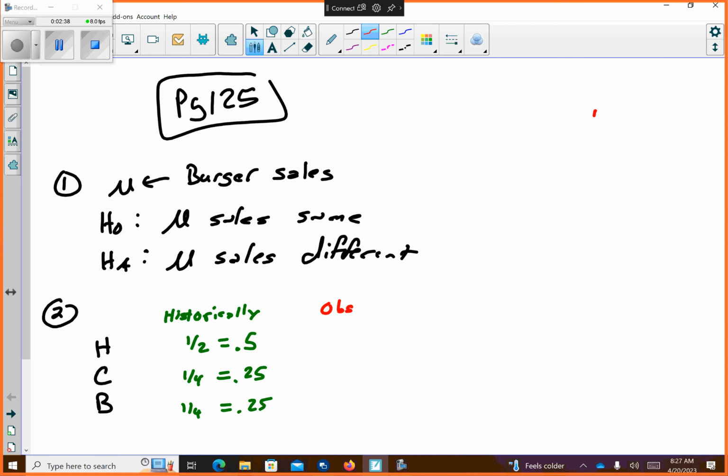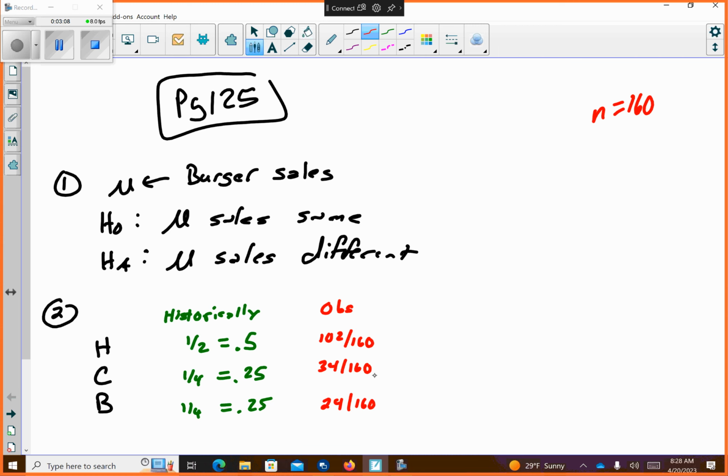They had a random sample of 160, and they realized that this was 102 out of 160, this was 34 out of 160, and this was 24 out of 160. Now it's going to make sense why we did the decimals, because I'm just going to convert the fractions to decimals.